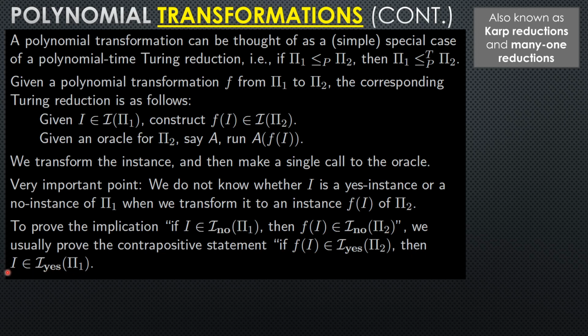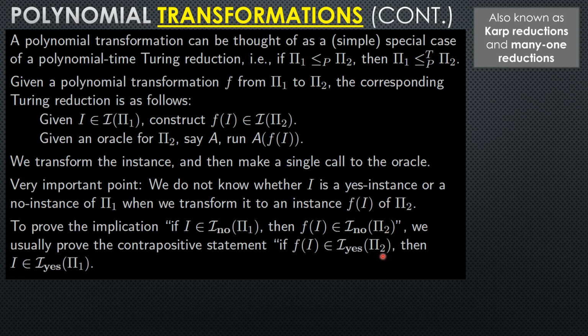So we can prove this equivalent statement instead, and this statement is usually easier to reason about than the statement that's in terms of no instances, because we don't have a lot to latch onto with no instances. It's a little bit harder to prove things about them because it's not as easy to characterize a no instance as it is to characterize a yes instance. If I know something is a yes instance, I know something very strong.